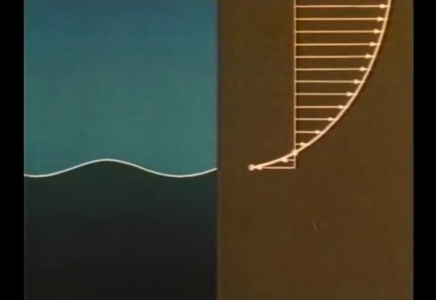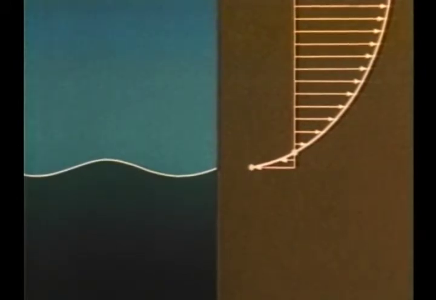We have so far ignored viscosity and the existence of boundary layers, among other things. Here, in the coordinates of a wave, is what the average velocity profile looks like.